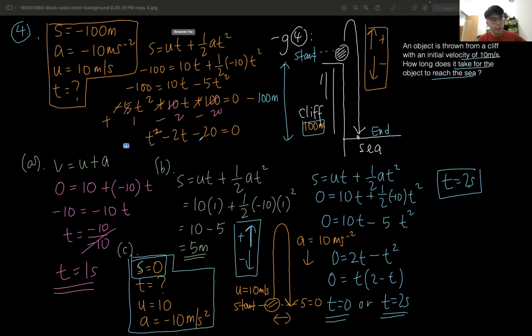Then did you solve these quadratic equations? We get two answers. t equals to 1 plus or minus the square root of 21, that is 5.58.